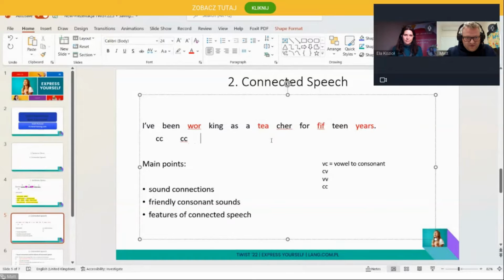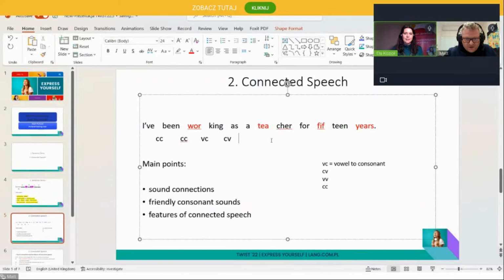And this one, again CC, but this is the sound, not the spelling. "Working as", yes, you're right, vowel to consonant. It's a good one. "King as", vowel to consonant, and this is a good one.